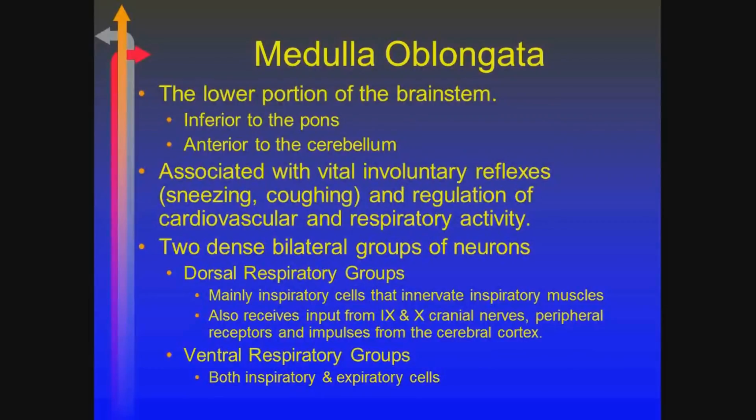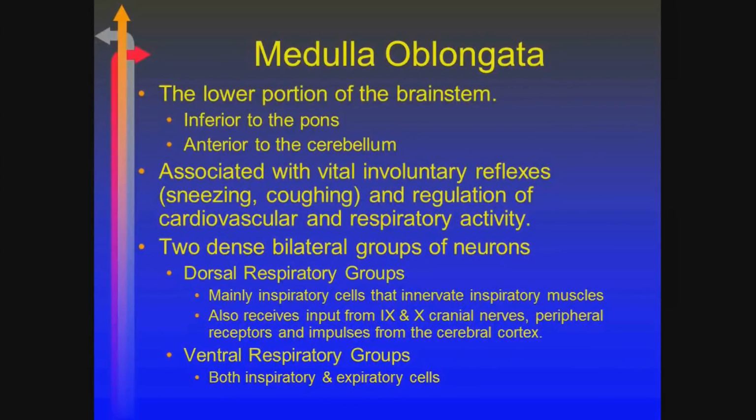So right after that begins the spinal column, so it's inferior to the pons, just below the pons, and it's just in front of the cerebellum. This is associated with a lot of involuntary reflexes that we have, like sneezing and coughing, and it's also where the cardiovascular and respiratory activity begins its origin.